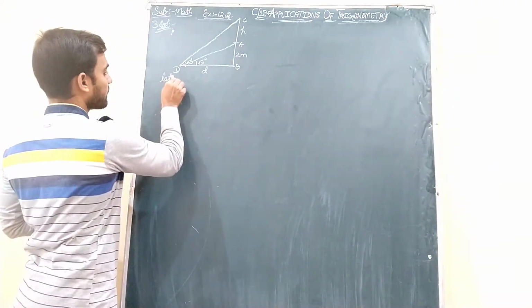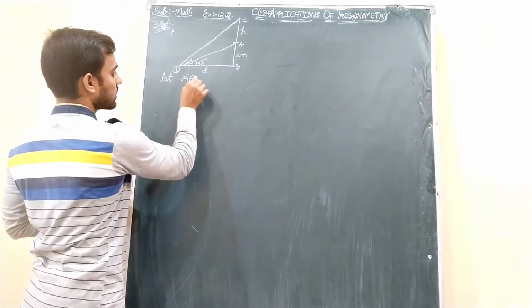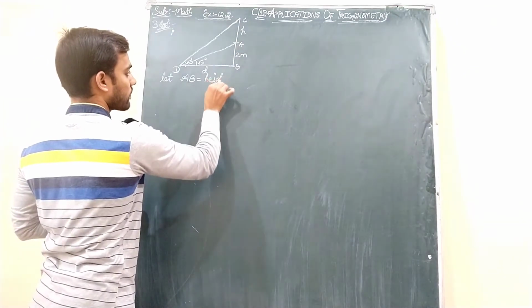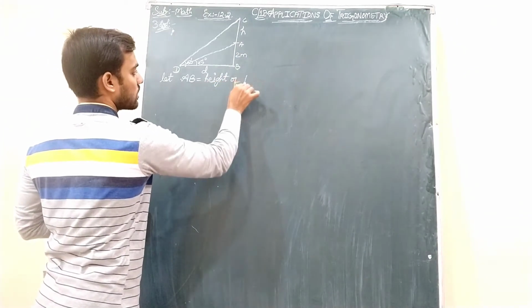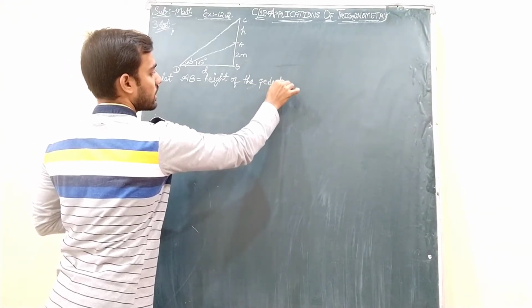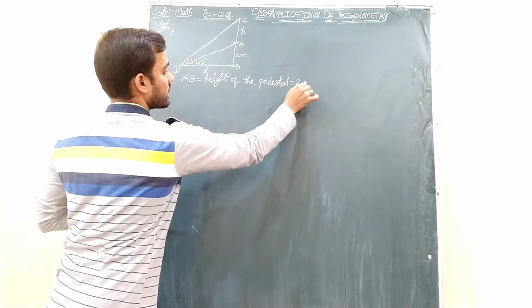Before taking the tan ratio, let us write the details about the diagram. Let AB be the pedestal, so it is the height of the pedestal, which is already given in the question, 2 meters.